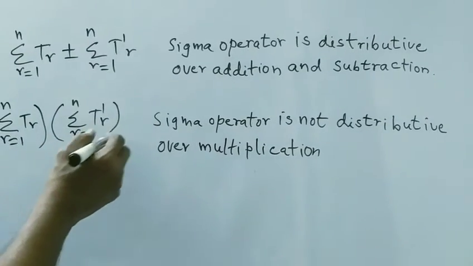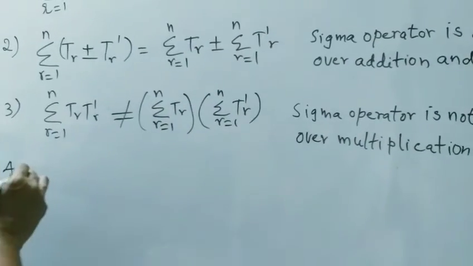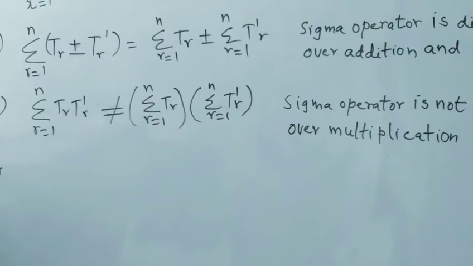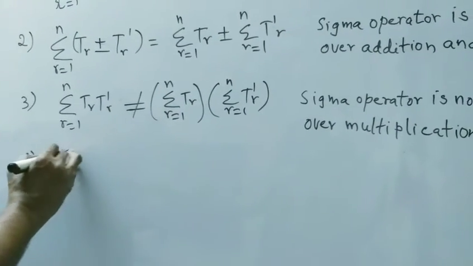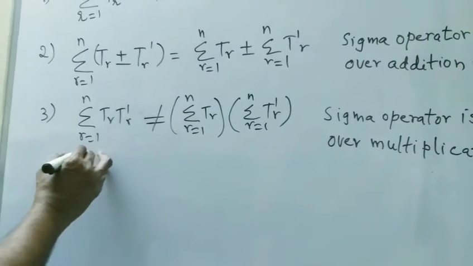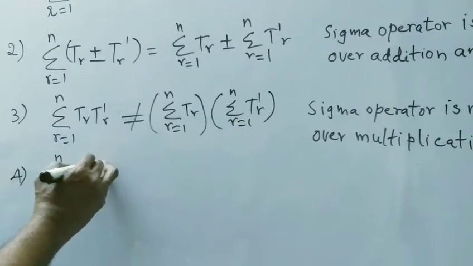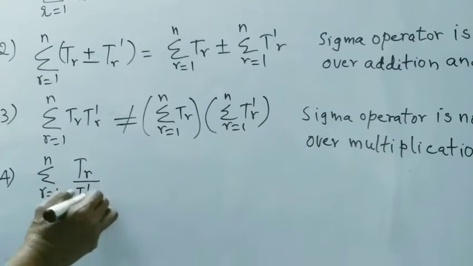Now the next one, the fourth one. Summation of r is equal to 1 to n, tr by t dash r.